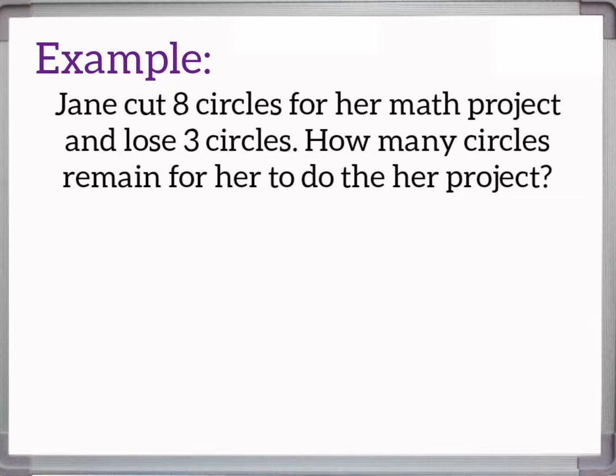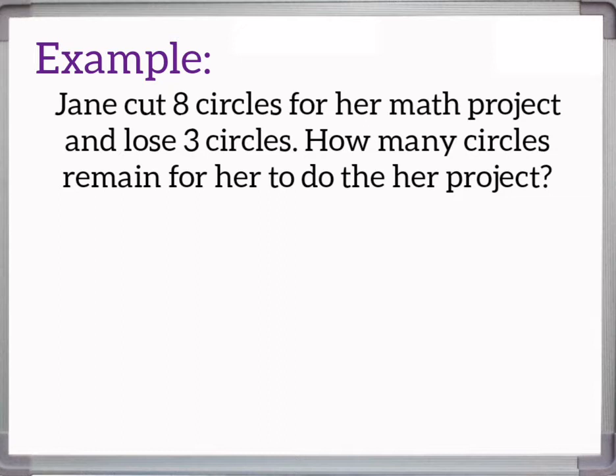Now let's listen to the word problem. Jane cut 8 circles for her math project and lose 3 circles. How many circles remain for her to do her project? If you paid attention to the word problem, it tells us that Jane cut 8 circles.